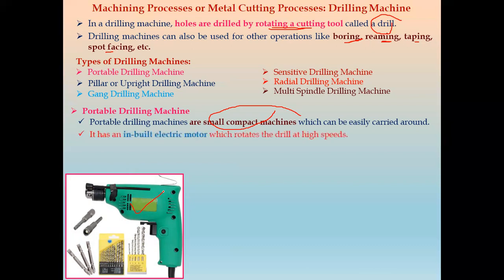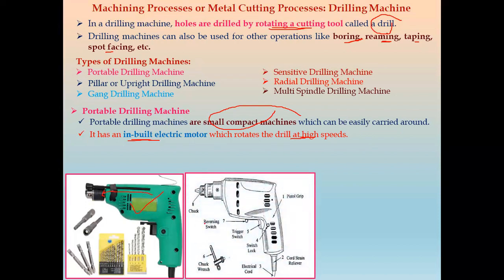It is a small size and compact drill. Now this portable drilling machine has an inbuilt electric motor, which rotates the drill at high speed. The electric motor is directly connected to the spindle, and the drill is fixed in a drill chuck and the operation can be done directly.